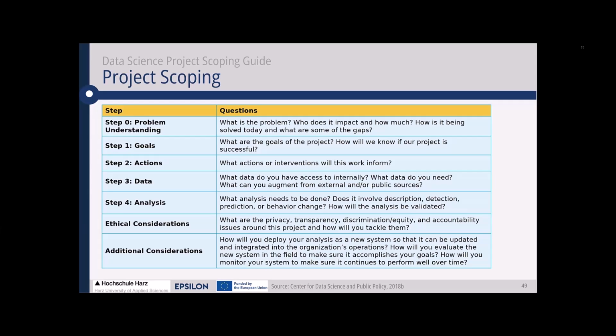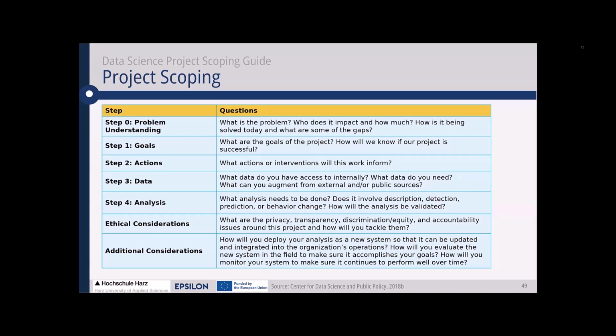Then in the fourth step, there is the analysis. So based on the data, you need to decide which analysis should be done in order to answer the questions that were raised in the problem understanding and in the goals section. So here you need to define what kind of analysis you want to conduct.